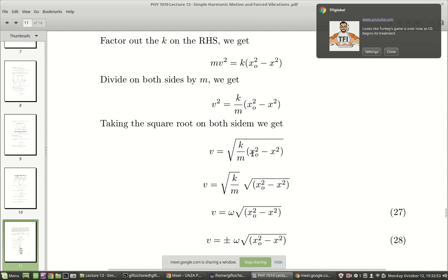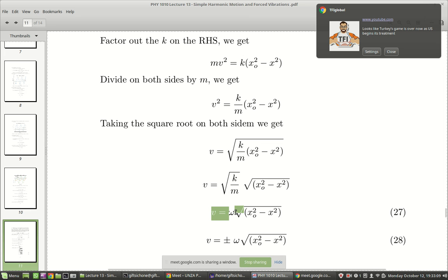Basically, this is how you get the velocity of the mass. The velocity of the mass is equal to omega, then inside the brackets, the amplitude squared minus the displacement where the mass actually is. That's how we get the velocity of the mass at any position.